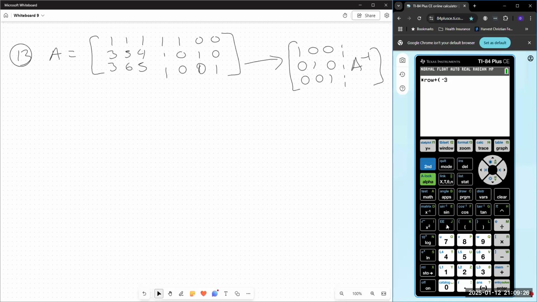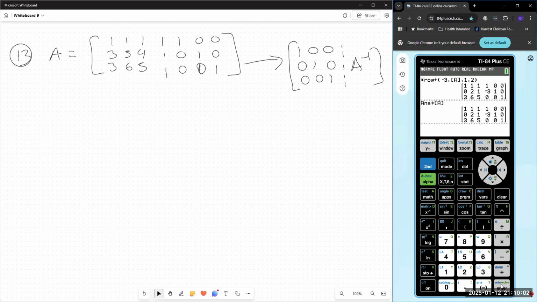And this is going to be in matrix A that I want to do this. And I want to multiply row 1 by that, and I want to add it to row 2 to produce a new row 2. And there we go. And so then I'm going to store that as second matrix A.